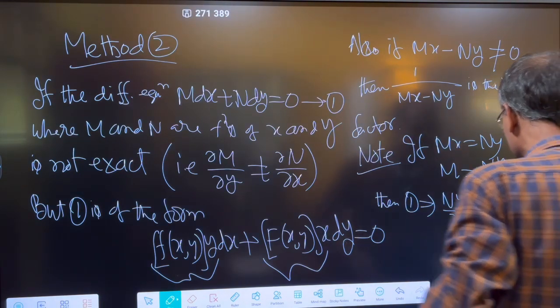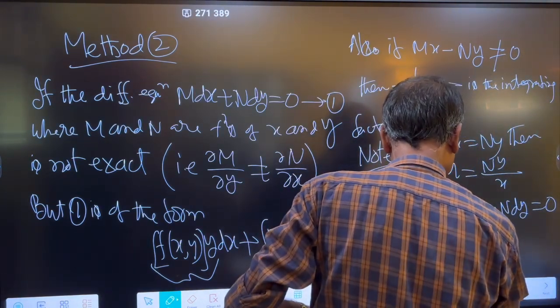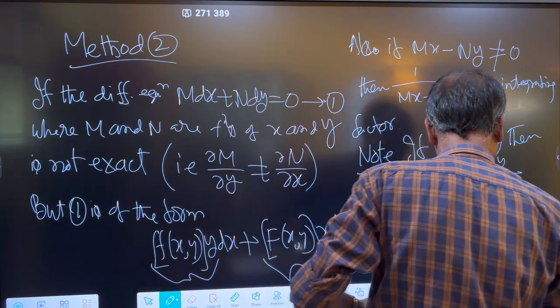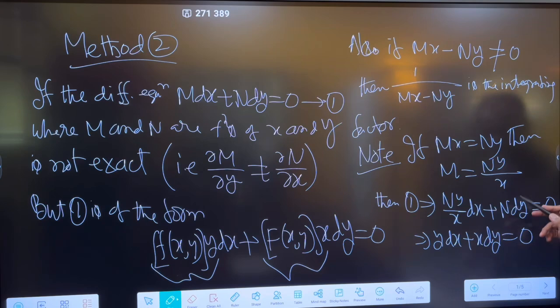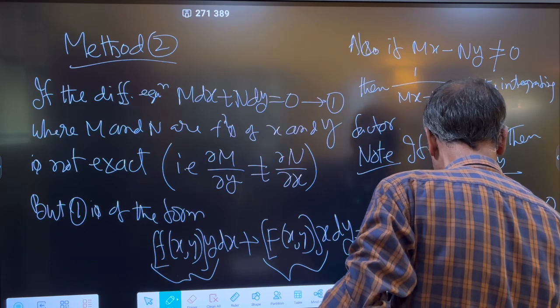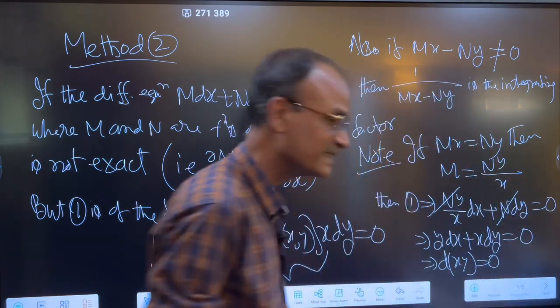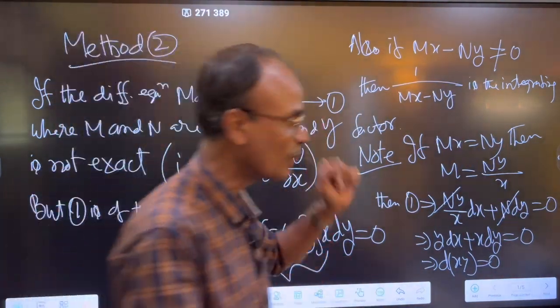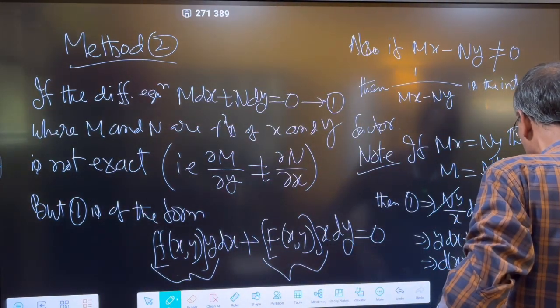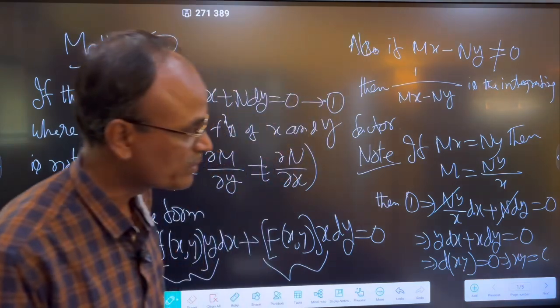You can write like this. Now N will be cancelled. What is this? y dx plus x dy equal to 0. Cancel N. Then d of xy equal to 0. Means in this case, the solution of 1 will be equal to this.